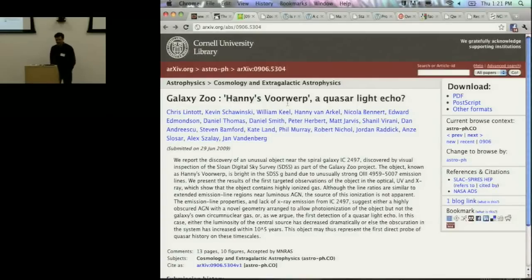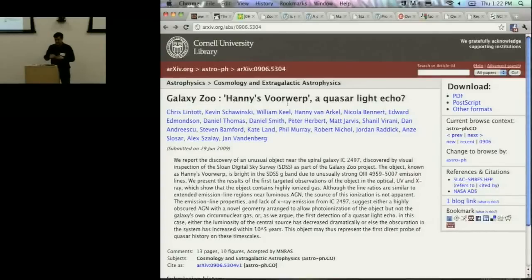At least one of the theories about what it might be is that it might be a quasar light echo. The idea is that about 100,000 years or so ago, that nearby galaxy contained an incredibly bright quasar, really lighting up the entire region.